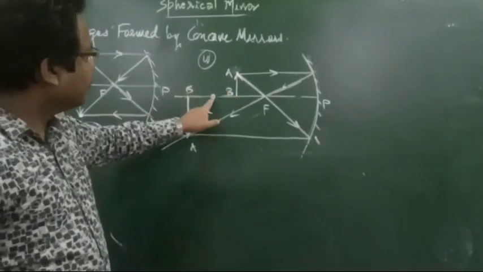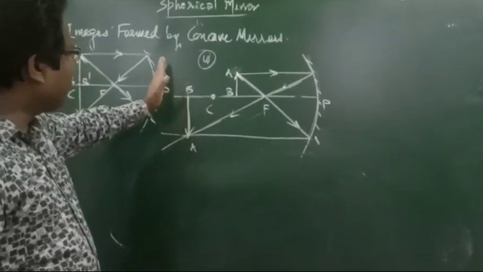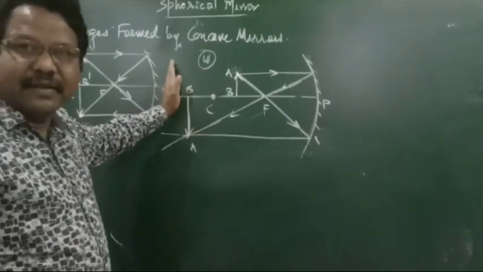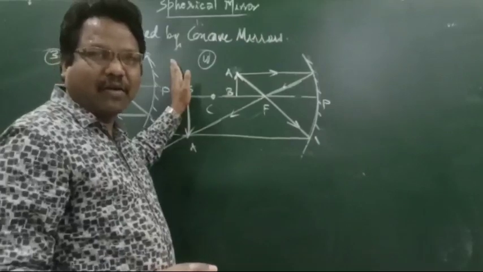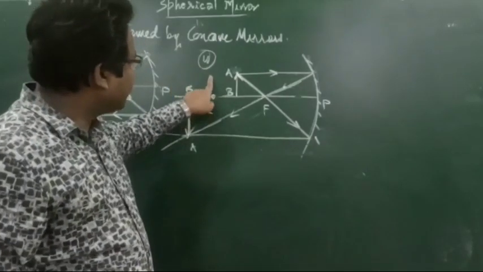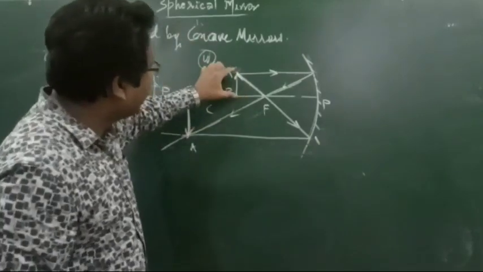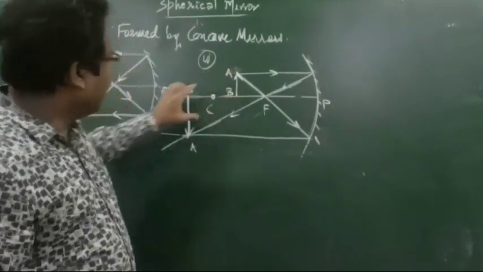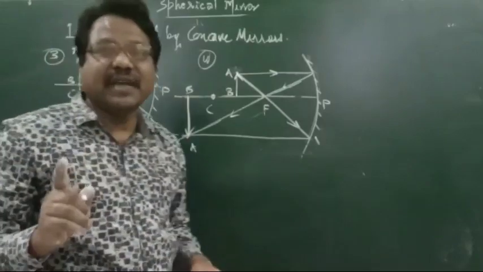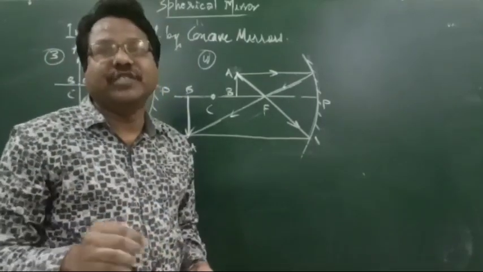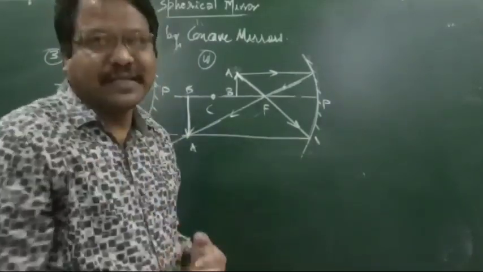So when the object was beyond C, the size was smaller than the object. When it is at C, the same size. And when you put the object within C, it is magnified. Magnification starts when you keep the object where? Within the center of curvature.